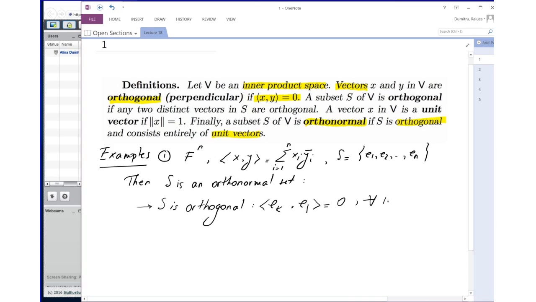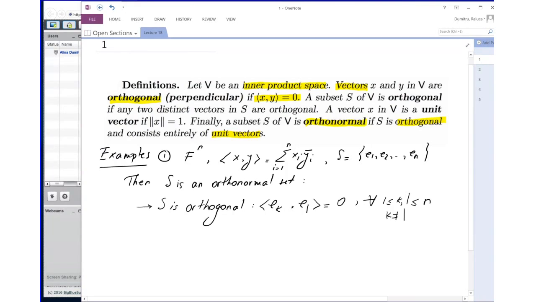So this should hold for any k and l between 1 and n. Of course, I'm not taking the same vector twice, so I need them to be different, k and l not equal to each other. Do all the vectors are orthogonal to each other? Yeah, so for a set to be orthogonal, any two non-identical vectors in the set must be orthogonal to each other. So let's see. What does the inner product between e_k and e_l mean?